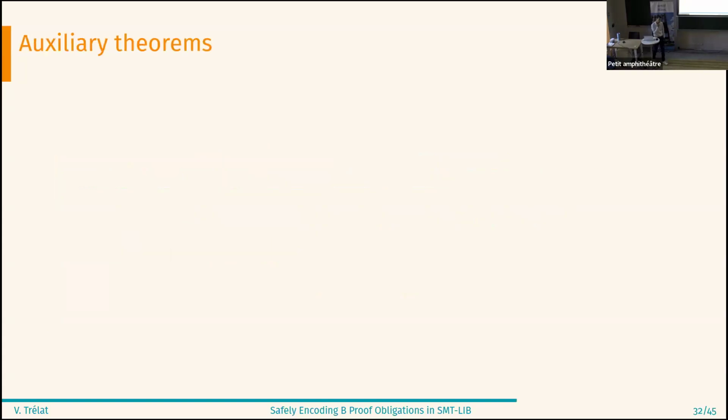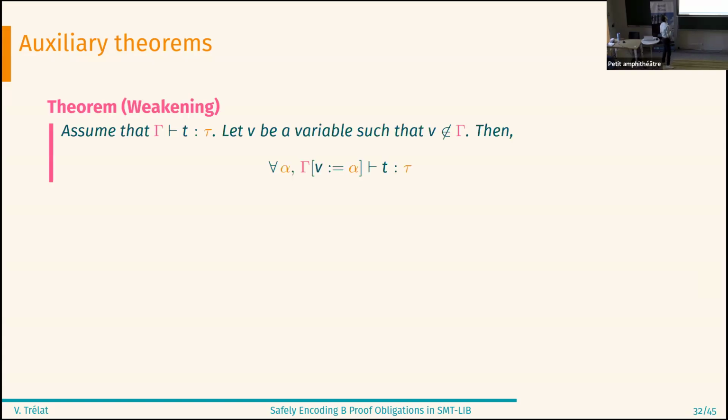Now that we have a type system, we really want to prove things on this type system. The usual theorems that we prove on type systems are things like weakening, all right? So if we have a term that types, we can add variables in that context, and the term still types correctly.